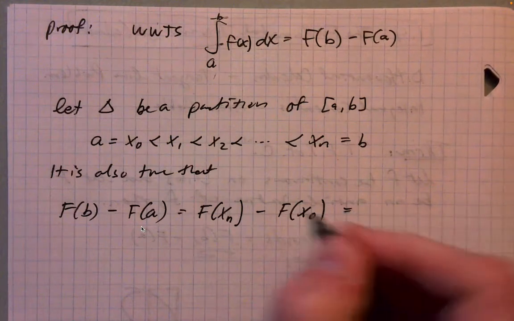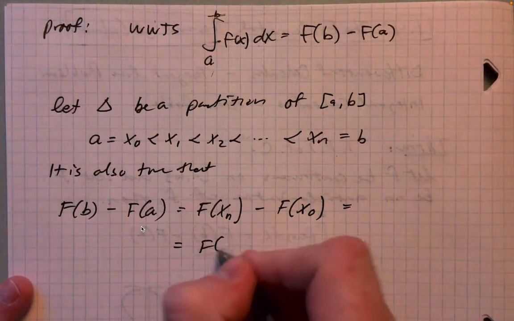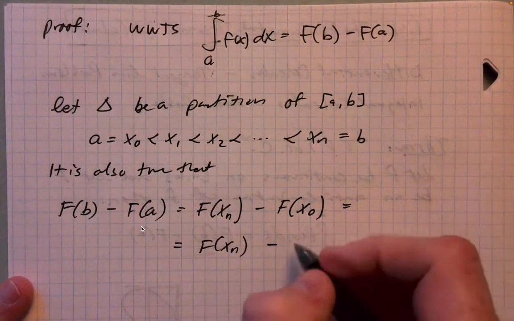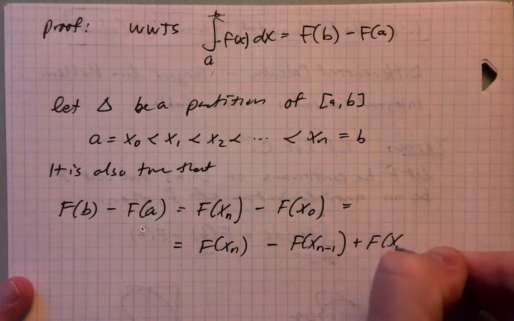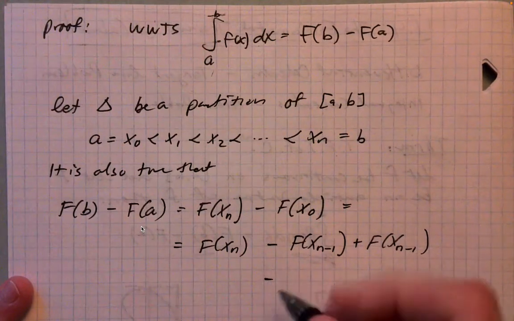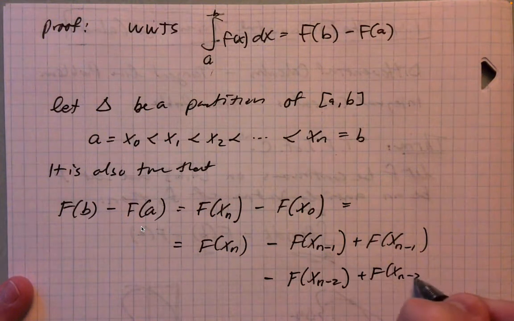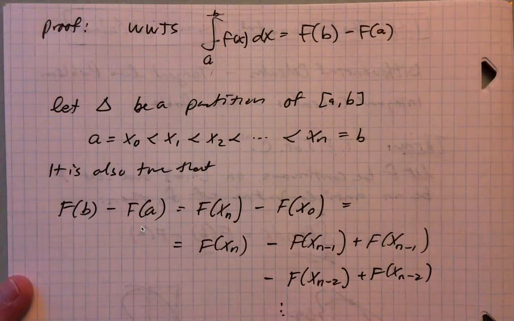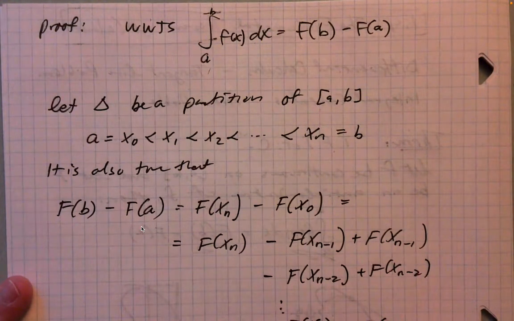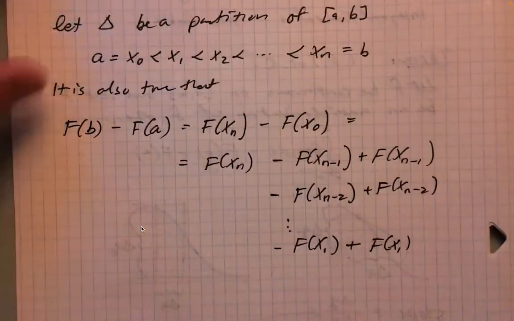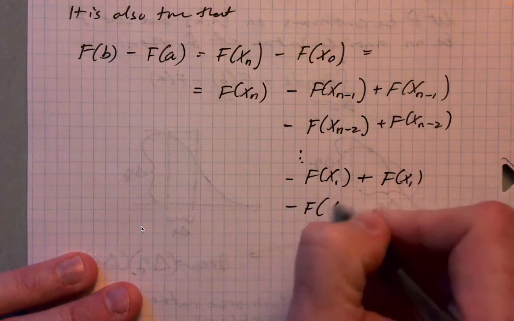Okay. Now we can write this in an even more expansive form. We can write F of xn minus F of x(n-1), plus F of x(n-1) minus F of x(n-2), plus F of x(n-2), and so on until we get down to F of x1, minus F of x1, plus F of x1, and then finally the last term would be minus F of x0.